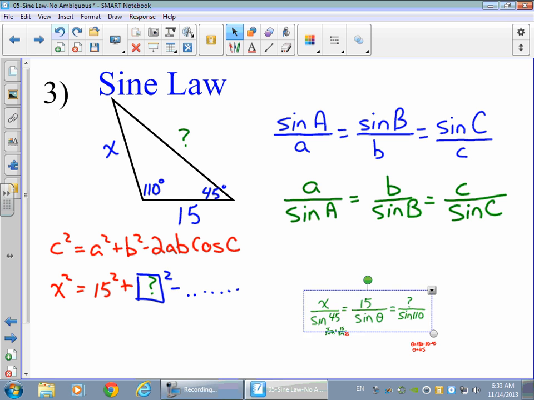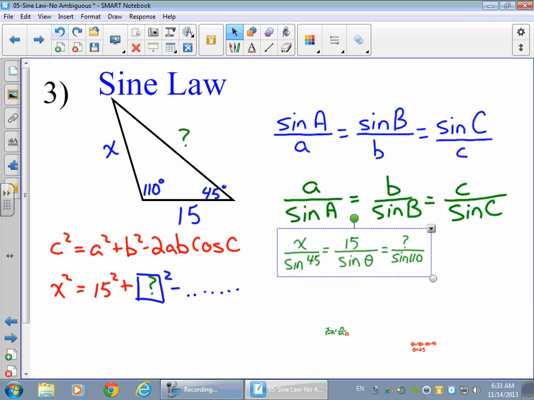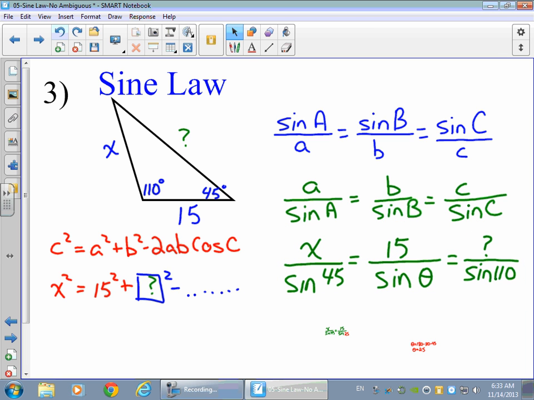So in this solution, assuming I don't know exactly what I'm doing, I'm choosing the green formula because it has the sides on top, and I'm looking for this x value over here, a side. So just a little hint there.